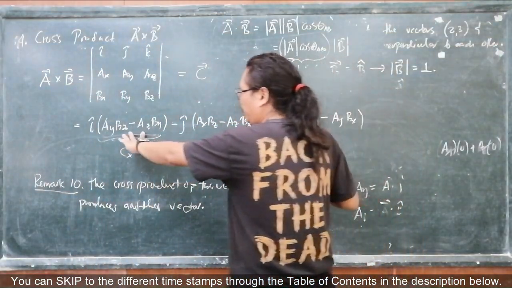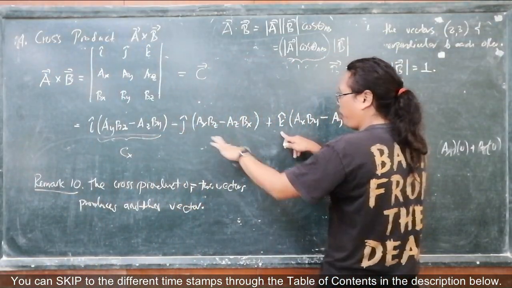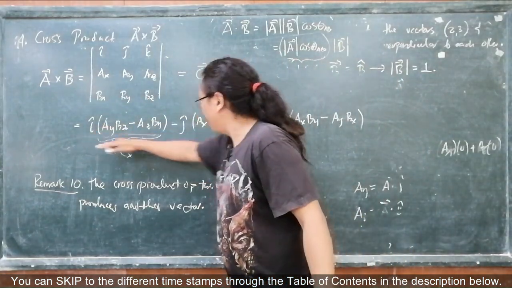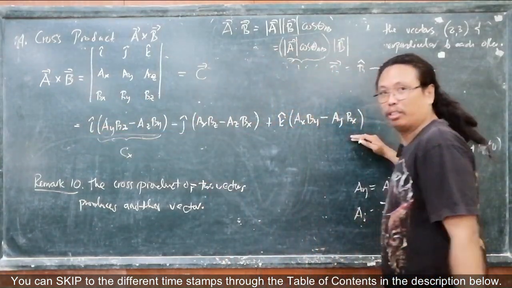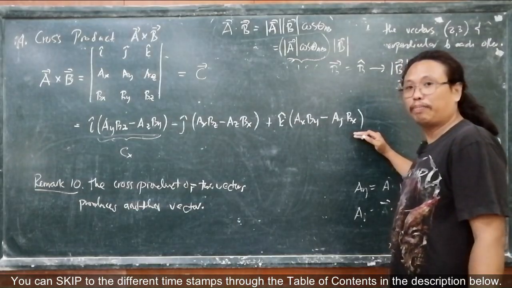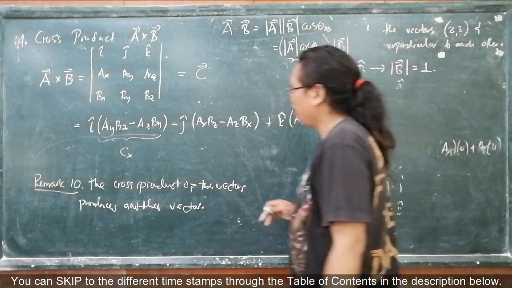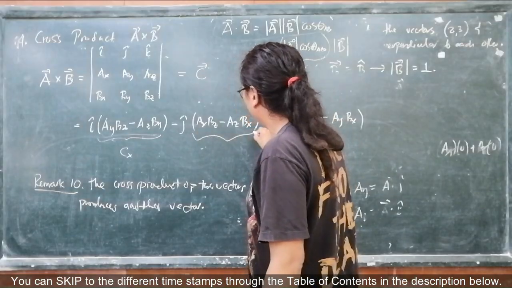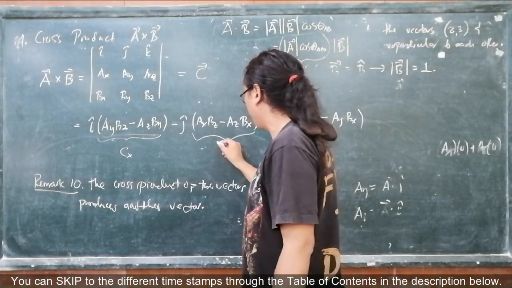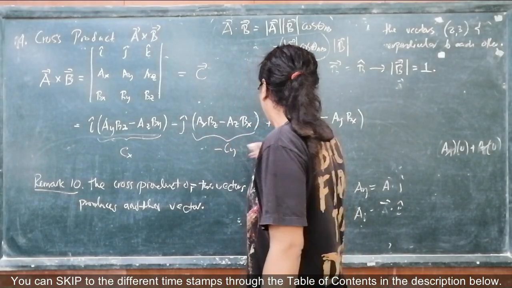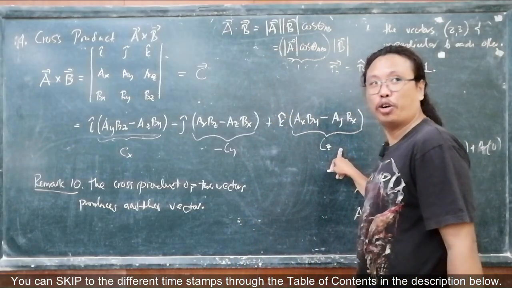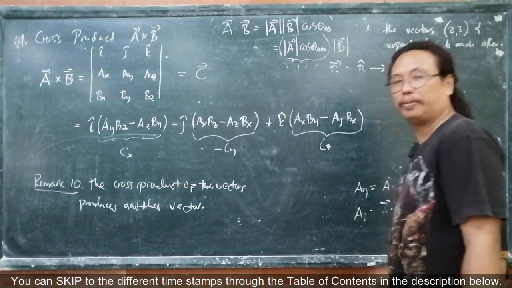Because this is a scalar, this is a scalar, this is a scalar, this is a vector. So this is a vector minus a vector plus a vector. Okay? So this is Cx, and this one here is negative, so this whole thing here is minus Cy, and this whole thing here is Cz, the z component of the third vector.